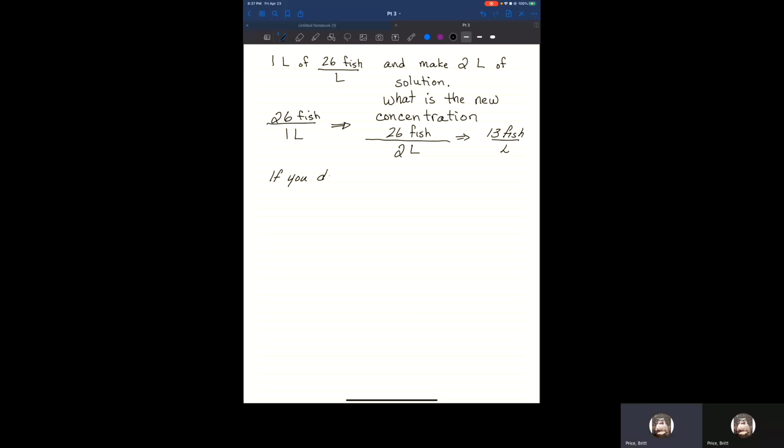If you double the volume, the concentration is cut in half.